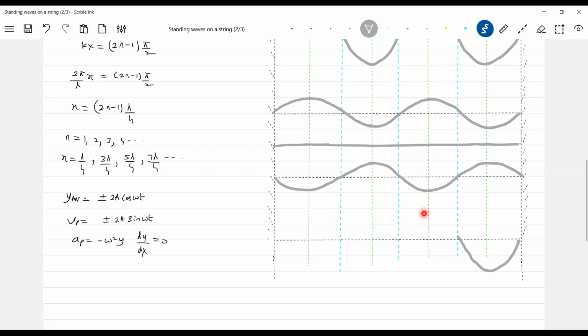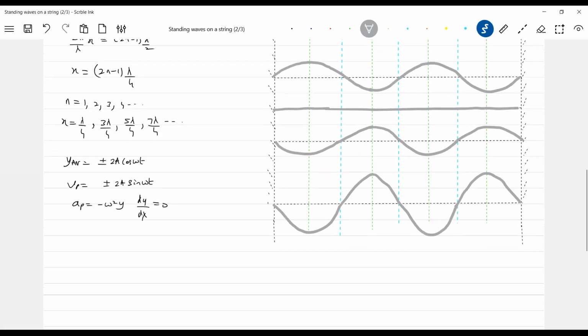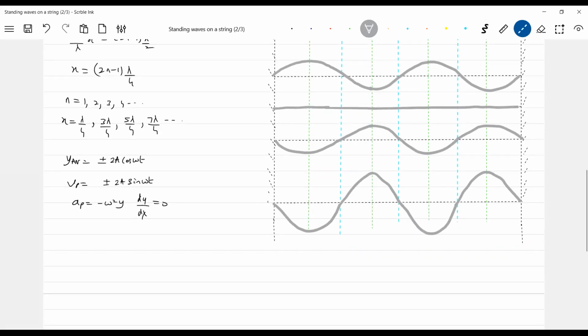It's a wrong one, I'll put it right. It will go to the lower extreme.